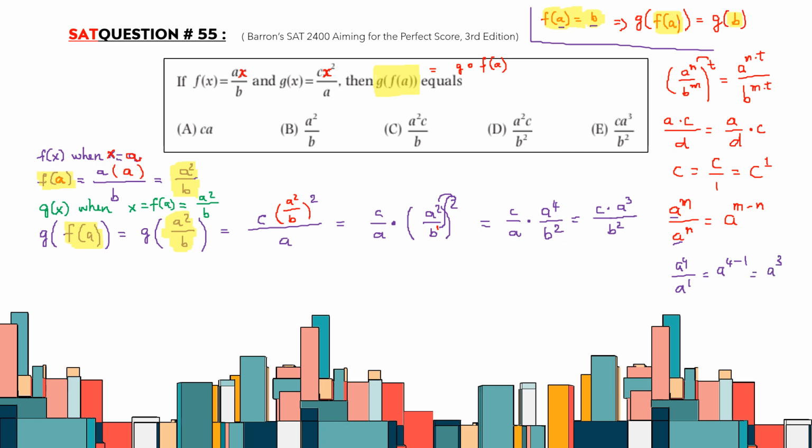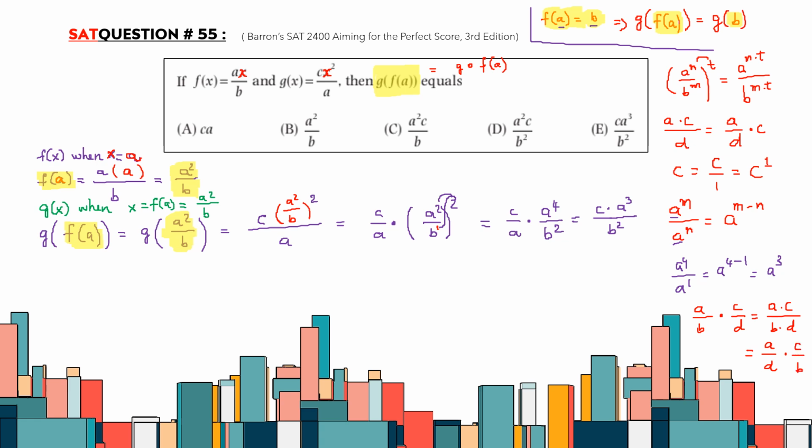Also, a over b times c over d is a times c over b times d. It can also be a over d times c over b.